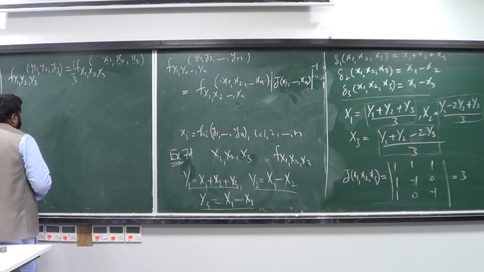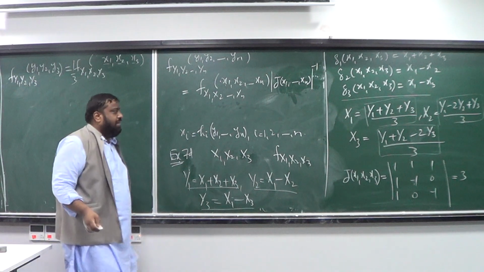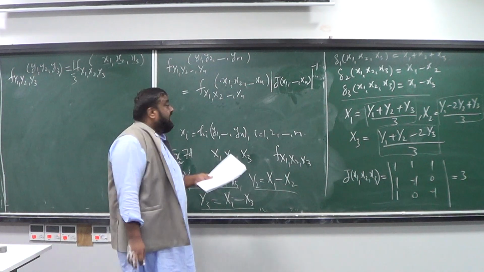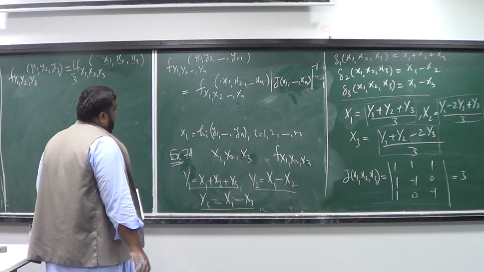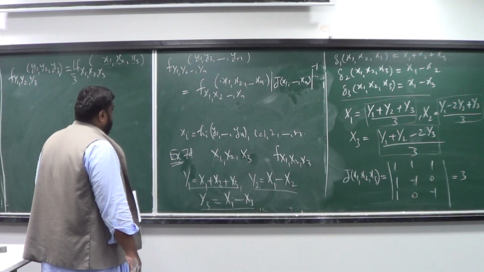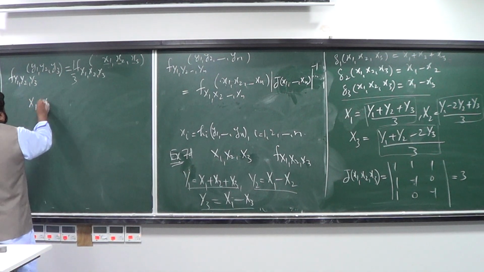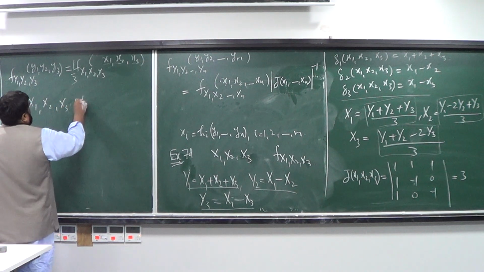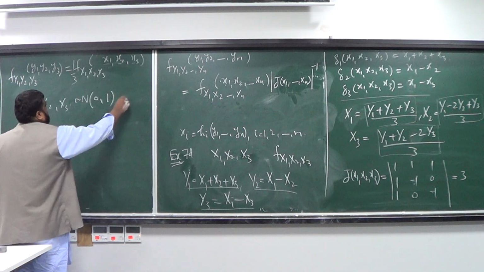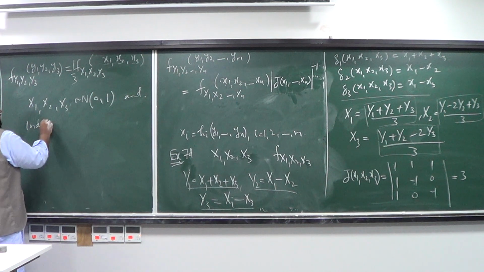Now let's apply this formula and try to compute an explicit formula for y1, y2, y3. Let's take these x1, x2, x3 as some concrete random variables. Let's assume that x1, x2, x3 are all three standard normally distributed random variables, and they are independent.